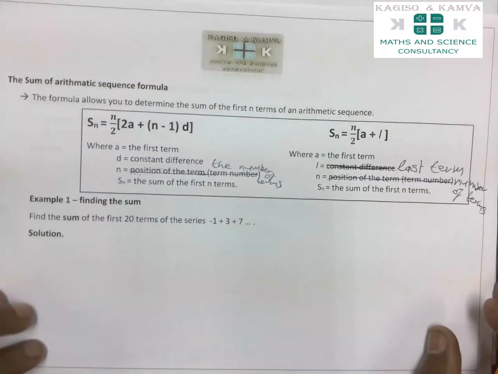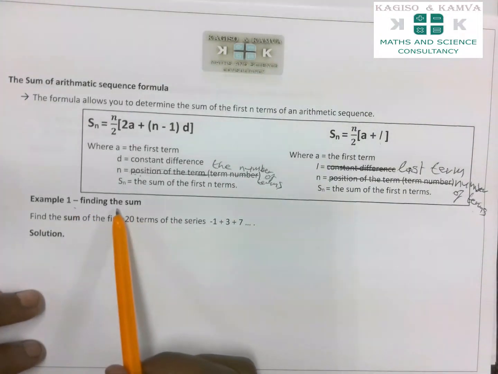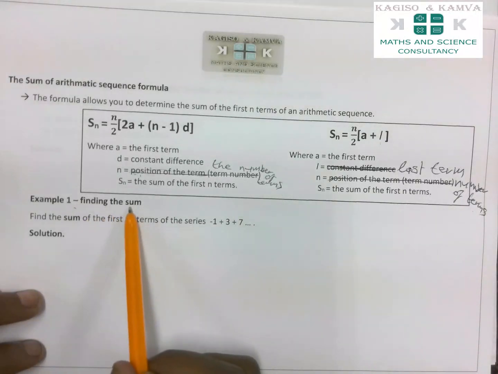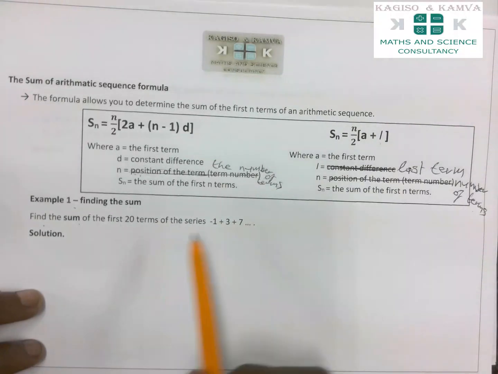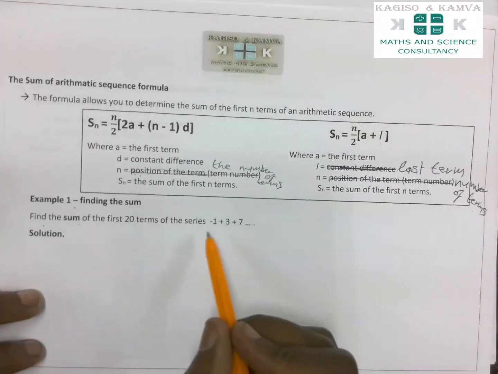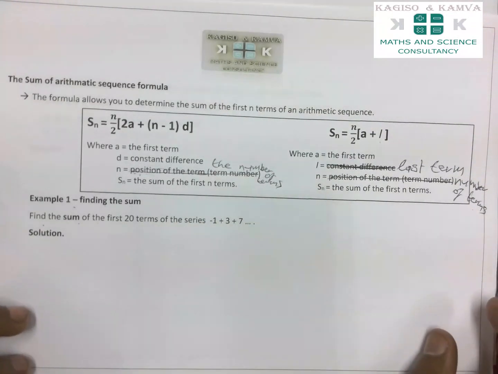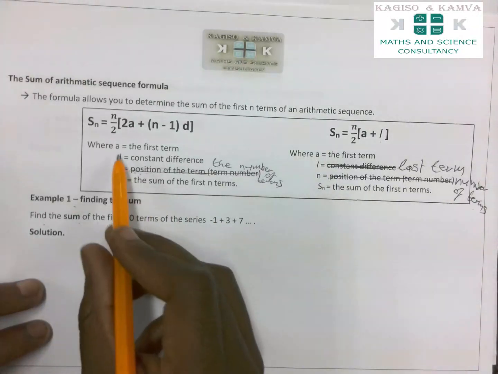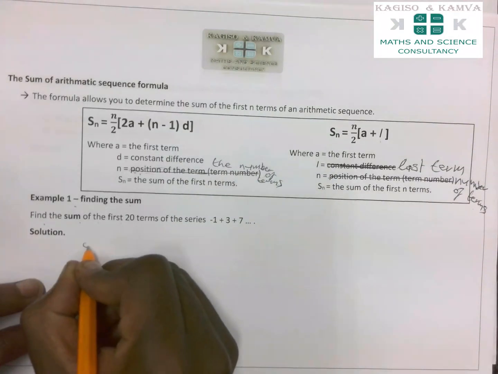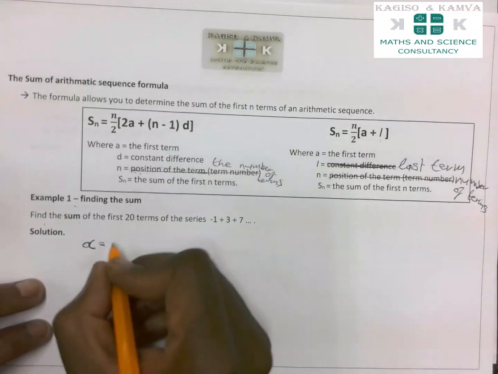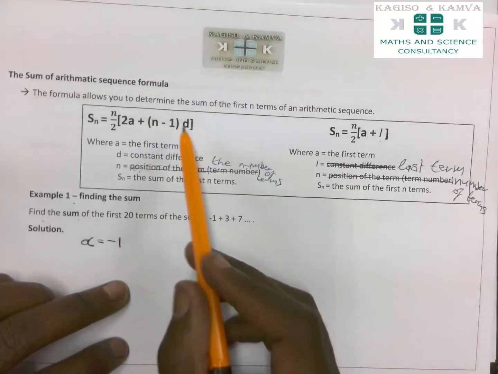Now let us do example 1, finding the sum. Find the sum of the first 20 terms of the series: negative 1 plus 3 plus 7. So we know that a, which is the first term, is equal to negative 1. Now we have to find the difference.